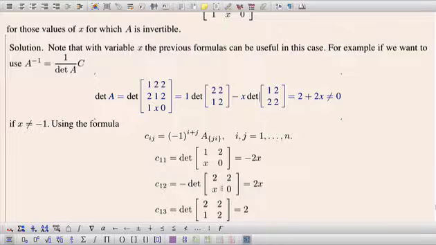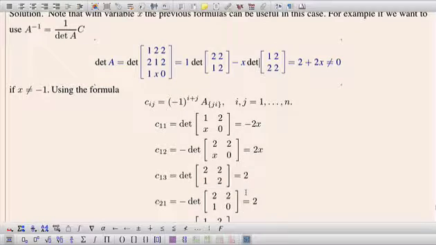And then we need the 2, 1 minor, so the second row, first column. We cancel the row and column, and you get 2, 2, x, 0. This determinant is 2 times 0, minus 2 times x, and with another minus, it's plus 2 times x.